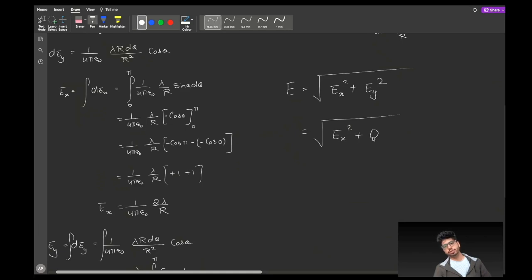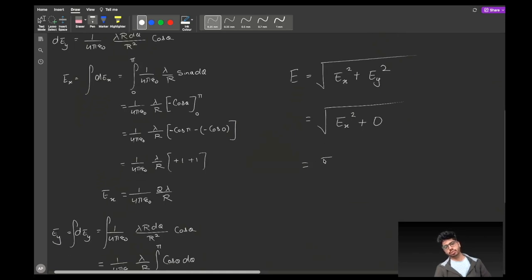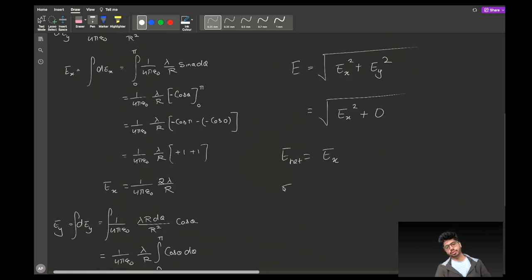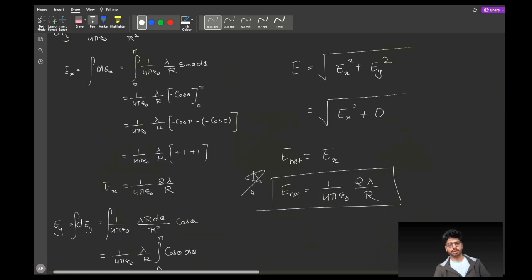So the net electric field is only in the x direction, that is the x component that we have. And if I substitute the value, the net electric field in the x direction comes out to be 1 by 4 pi epsilon naught, 2 lambda by r. Thank you. This is the net result that we have.